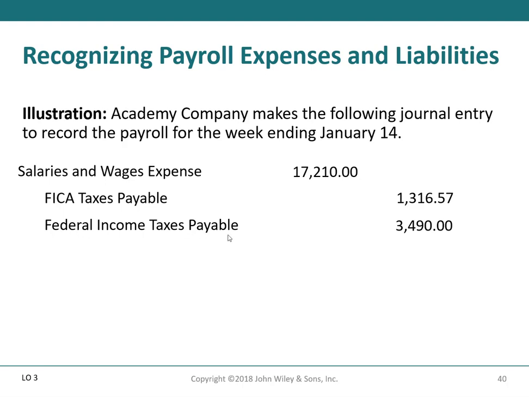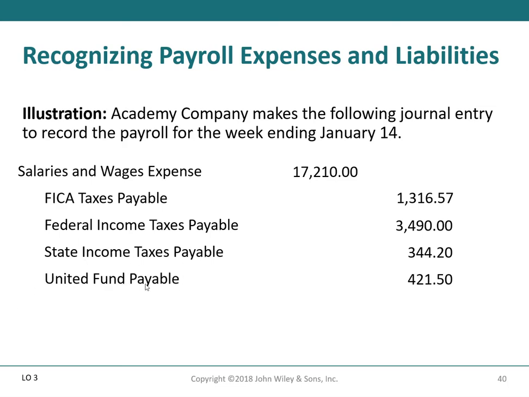Federal income taxes payable goes into this liability account. State income taxes payable, United Fund payable, and union dues payable. So everything we withhold from an employee's paycheck goes into a liability account waiting for us to pay it. Generally, it's paid once a month, but sometimes things are paid each pay period.